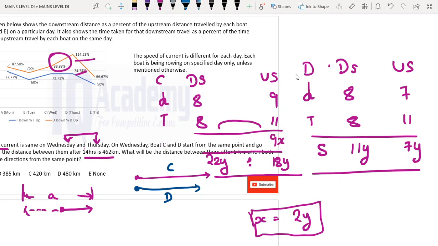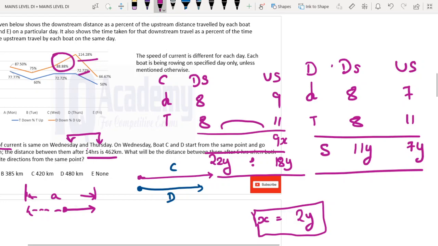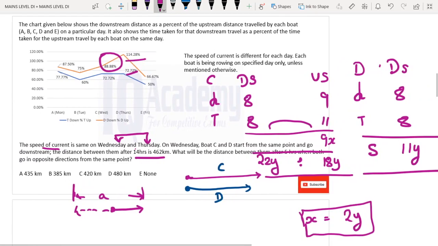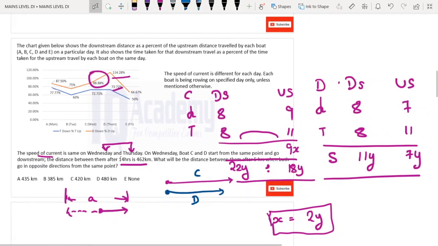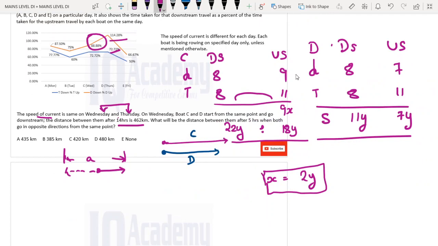Then both C and D start from the same point and go in the downstream direction. The distance between them after 14 hours is 462 km. So when C and D travel in the downstream direction, the speed of C is 22y km per hour.